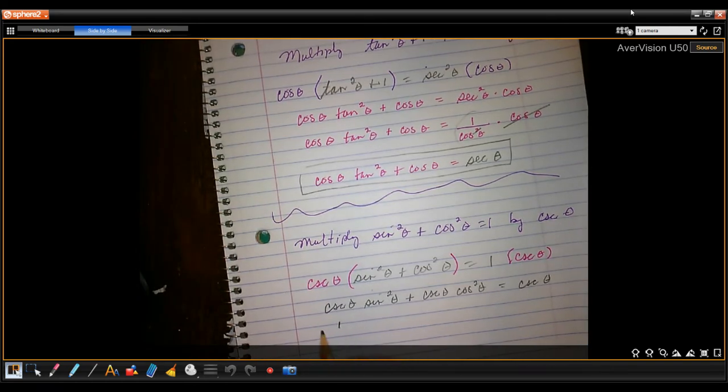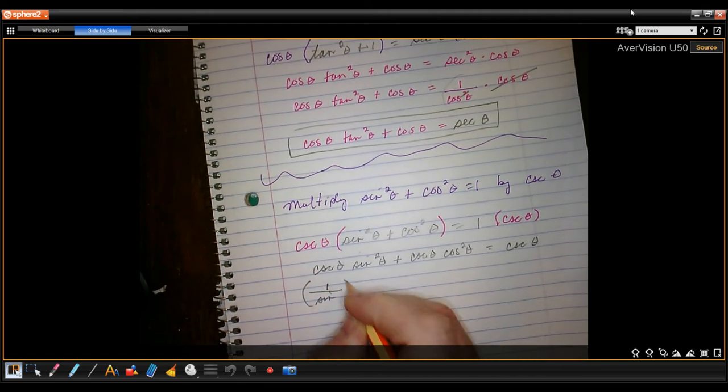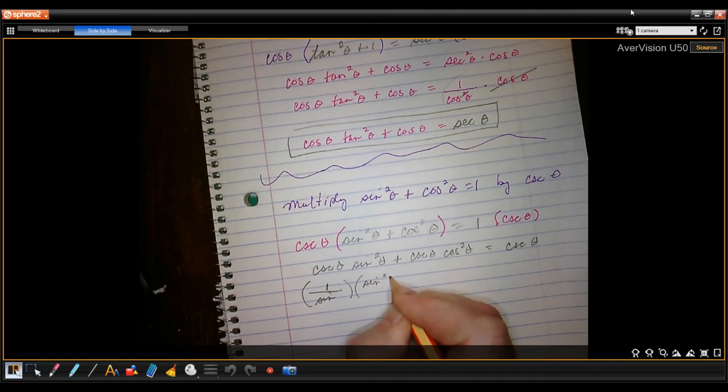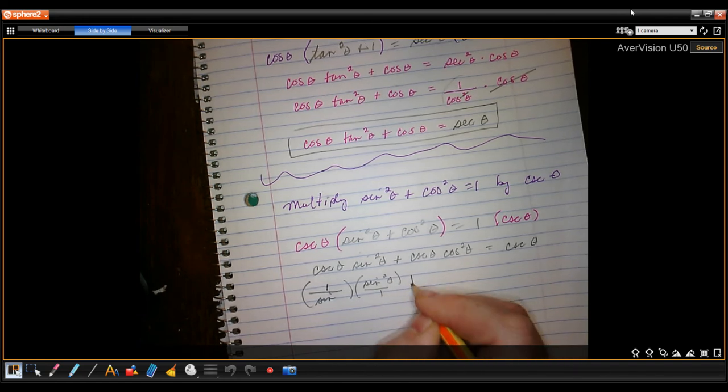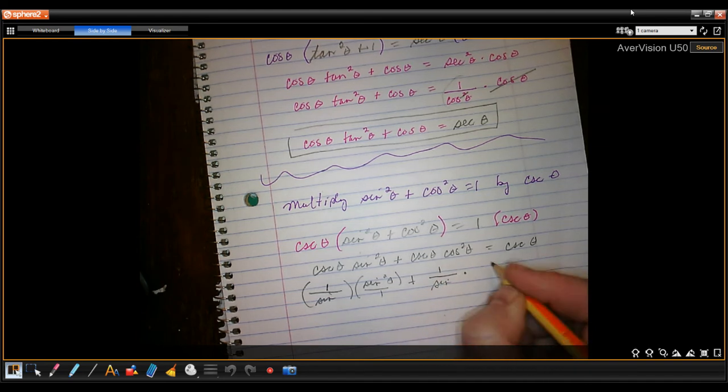So if I write 1 over sine right here, right, times sine squared, and if you want to put over 1, you can. You probably don't have to. Plus cosecant is 1 over sine times cosine.